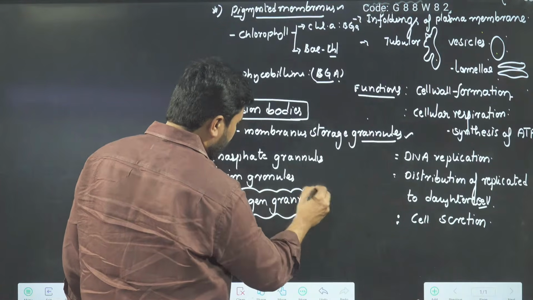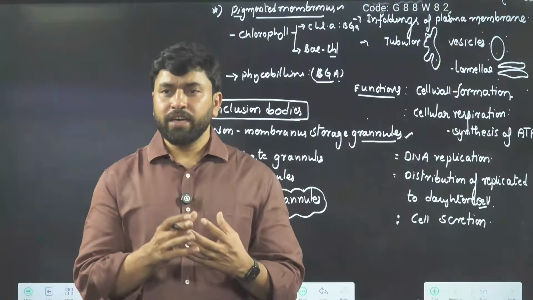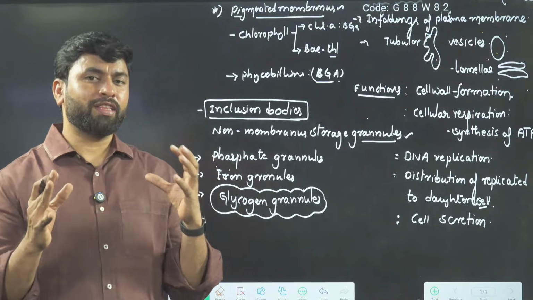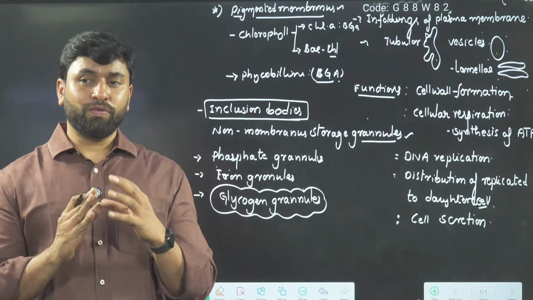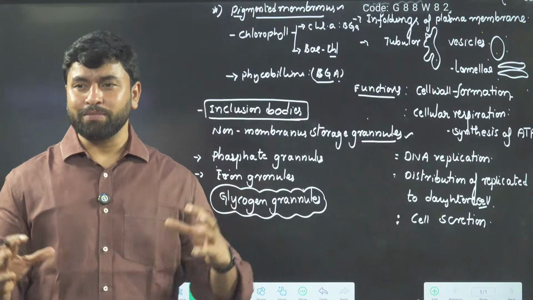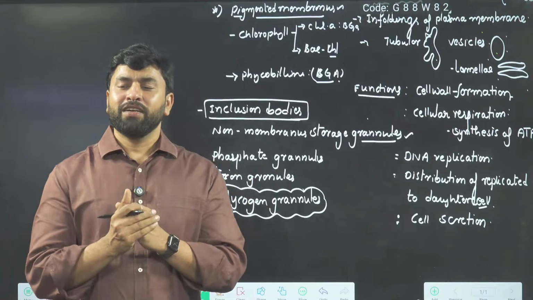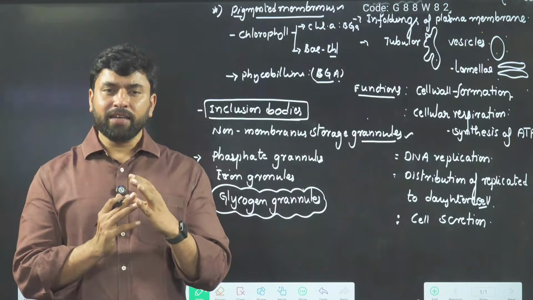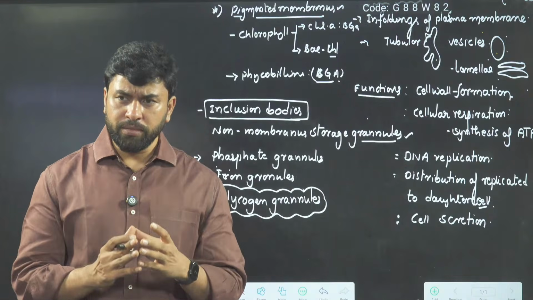What does it mean, these glycogen granules? A fundamental statement we know: plants store food in the form of starch. Animals store food in the form of glycogen. This we are studying from 7th or 8th class onwards. Now the question will arise, other than animals, is there any member that stores glycogen?